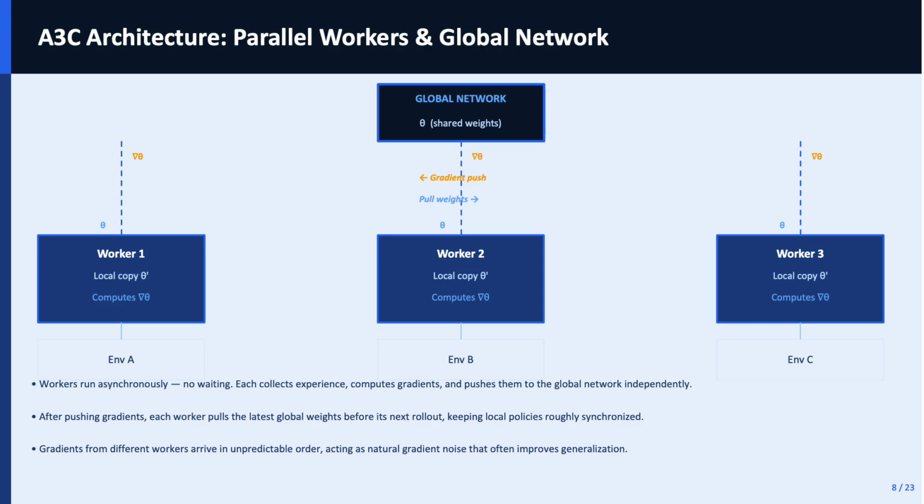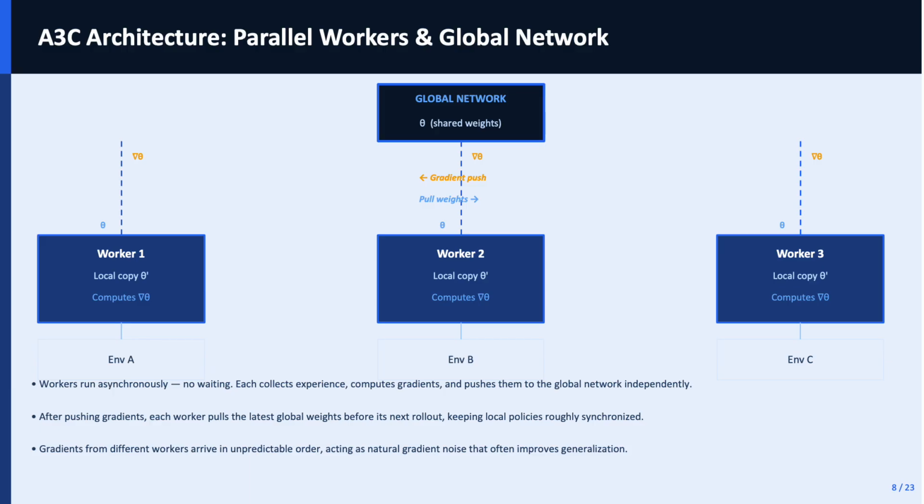So, the data flow in A3C has a clear hub and spoke structure. The global network sits at the center. Workers branch outward, each connected to its own environment at one end and to the global network at the other.